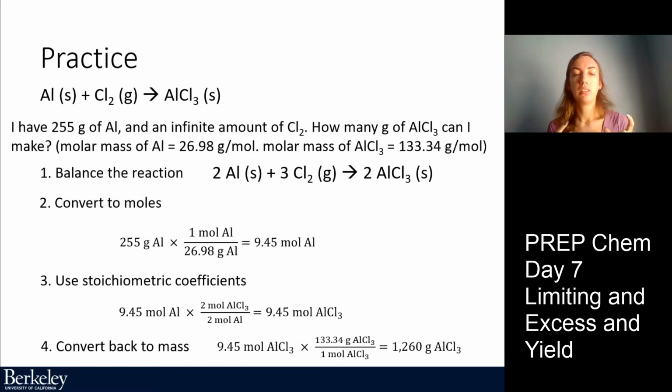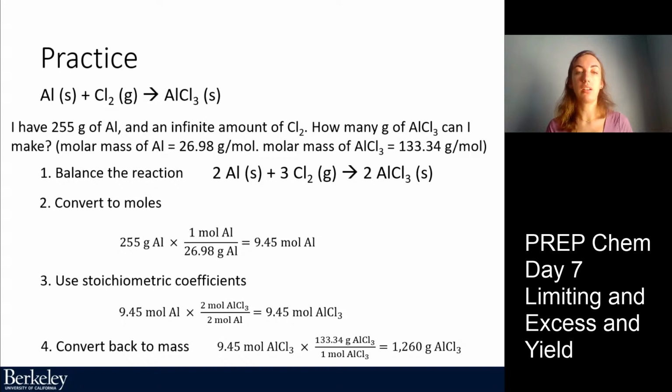Basically, we want to know if I had 255 grams of aluminum, what is the amount of product that I can make? That is super relevant if you're trying to run reactions in your lab or in a factory. You want to make product and you need to know how much reactant you need, or similarly, if you have this much reactant, you want to know how much product you can make.